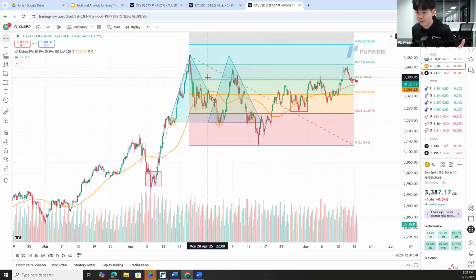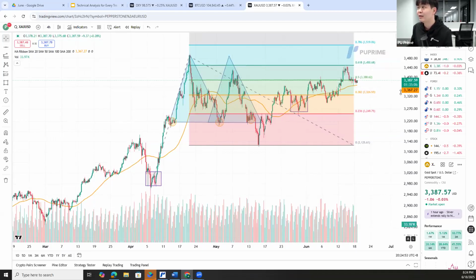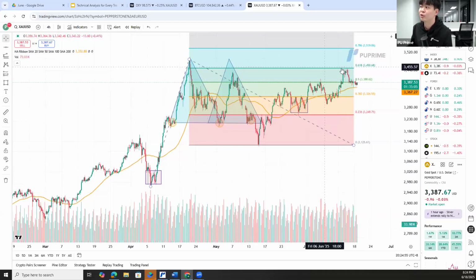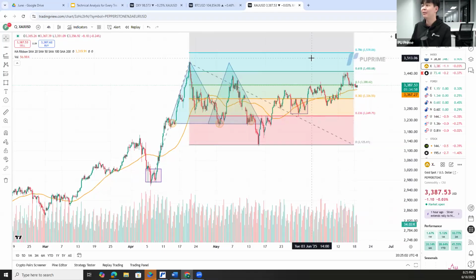We are no longer able to find the next resistance based on the historical prices. So when this happens, you can use the Fibonacci expansions too. So when you draw out the Fibonacci expansions, all of the resistance levels will be nicely formed. So based on this one, you notice that 3450 is a strong resistance level. If they break above again, then the next resistance level is 3540. People might be thinking gold is expensive when the price reaches 3540 according to the Fibo expansions too.